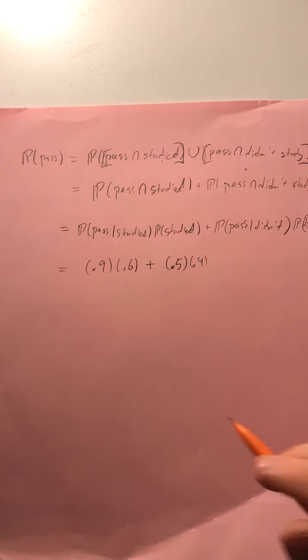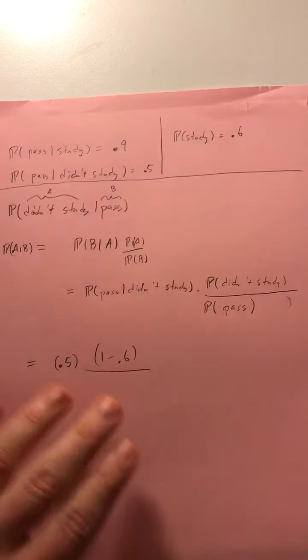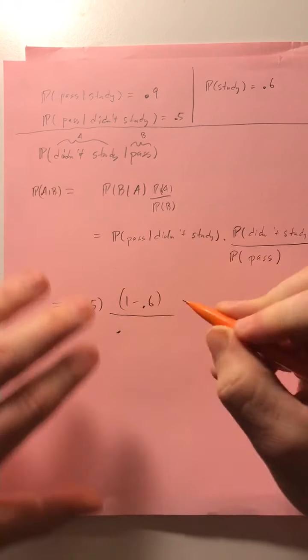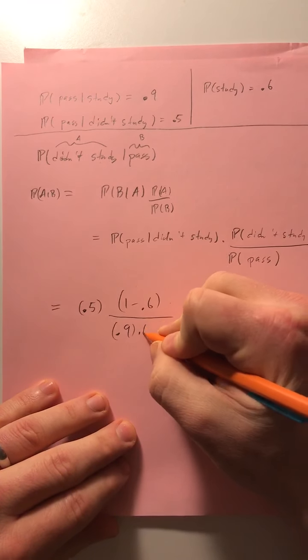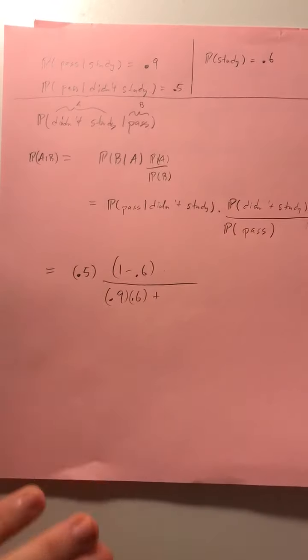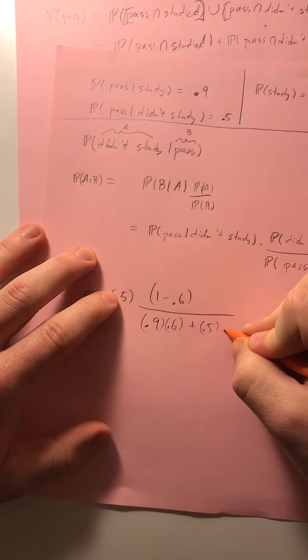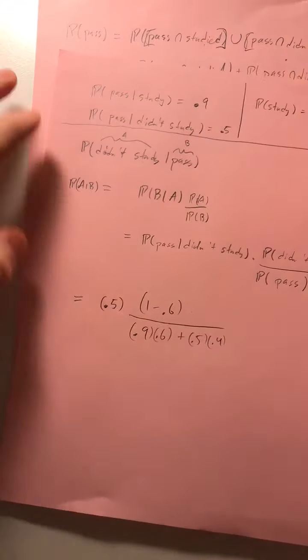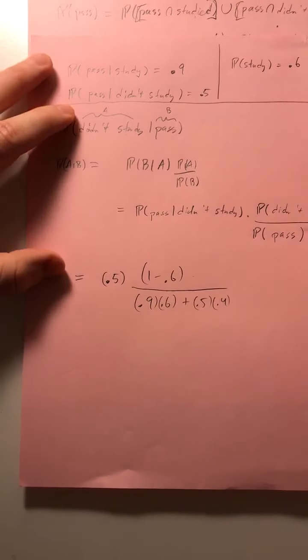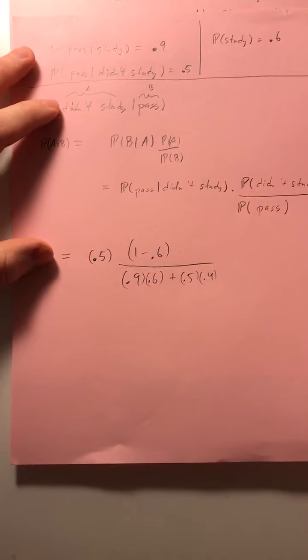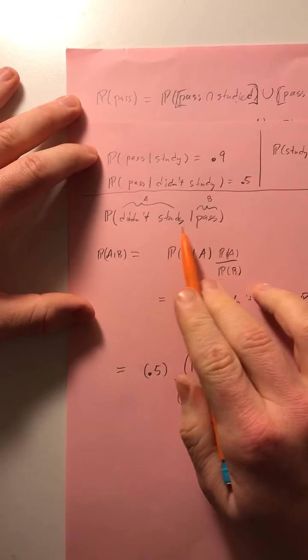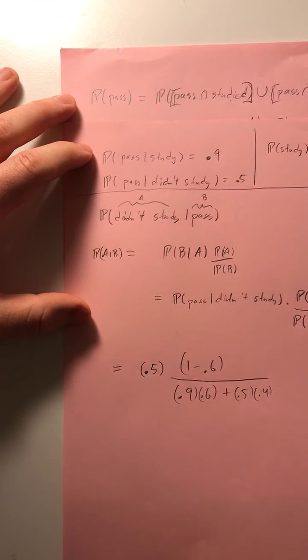So this is the probability that you passed: 0.9 times 0.6 plus 0.5 times 0.4. So this is it. I didn't actually work this out. Hopefully it's pretty small, because I want you to study and I want you to pass.